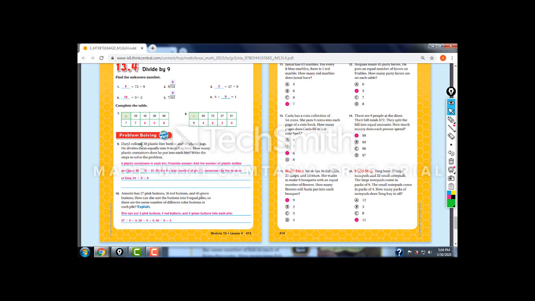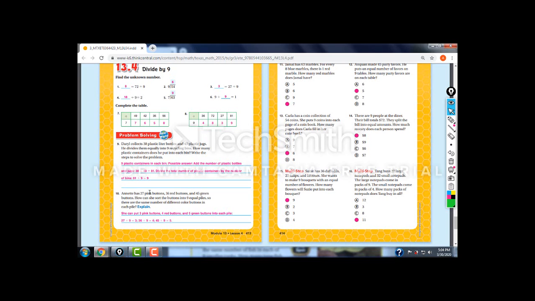He has to add 38 plus 43, and that gives you 81. Then he's going to put them equally into 9 recycling bins. So those 81 plastic containers, he's going to put into 9 recycling bins. So then you divide that number by 9, and 81 divided by 9 is 9. So anything that looks like this, you're good.